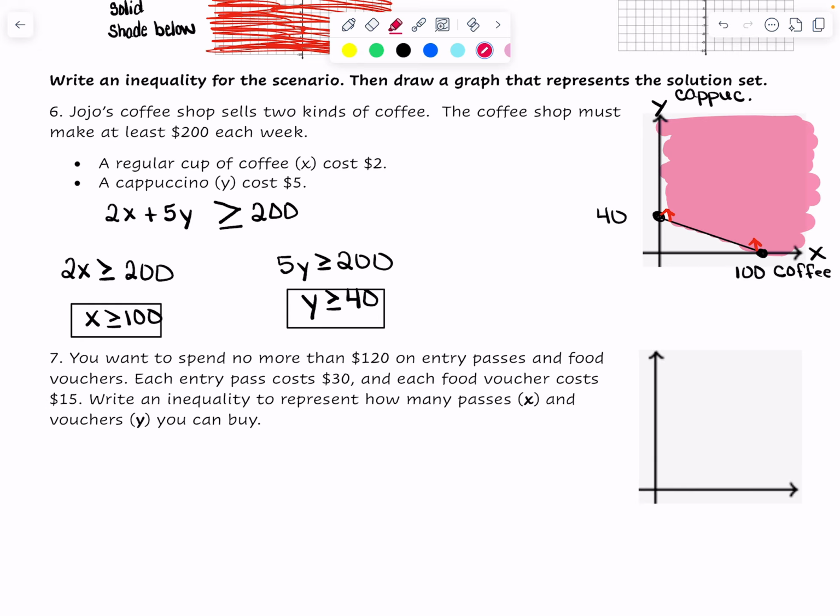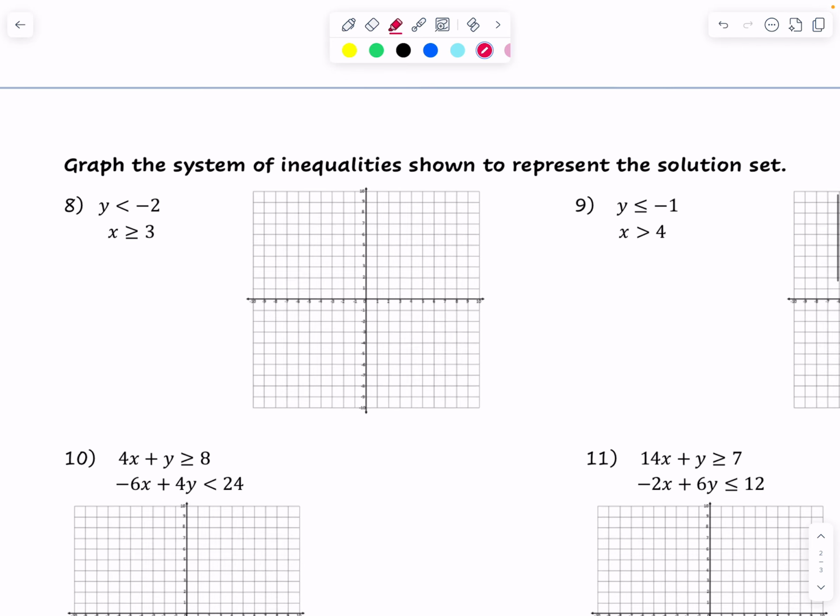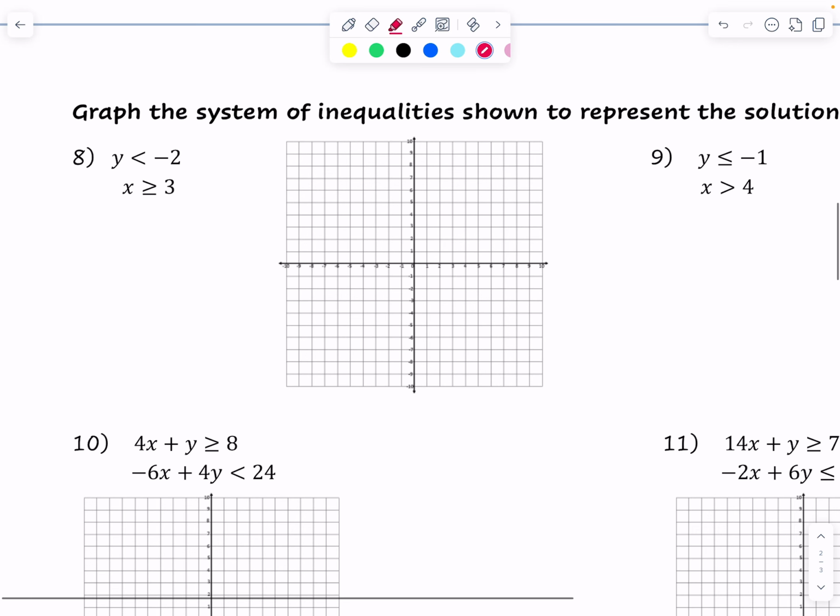Okay? All right, I'm going to leave number 7 for you. And let's go down to problem number 8. Now, on problem number 8, we are graphing a system of inequalities. That means that there is 2 of them. The first one has that y is less than -2. So I have no x value, which means there's no slope.